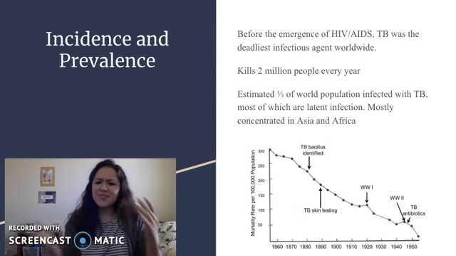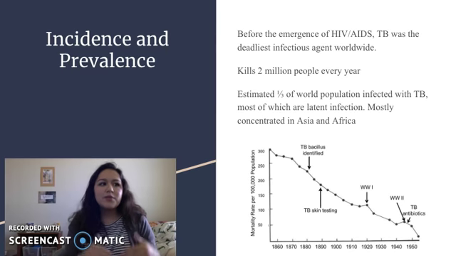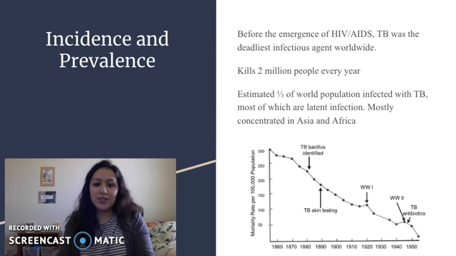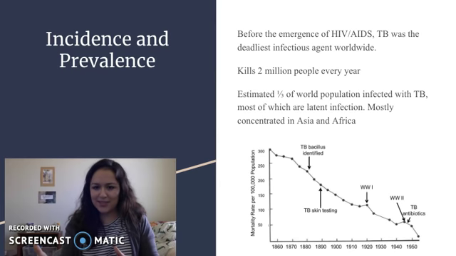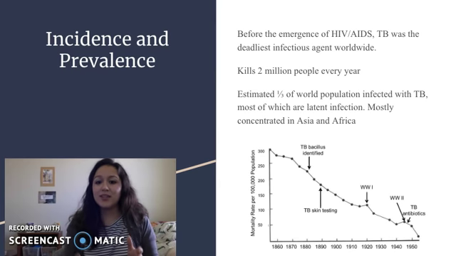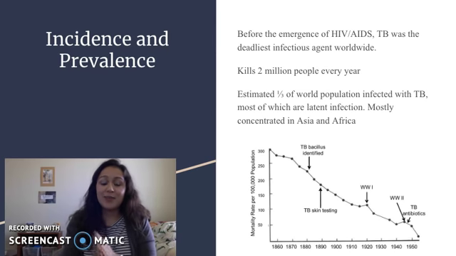So some of the incidence and prevalence is that before the emergence of HIV and AIDS, TB was the deadliest infectious agent worldwide. So that means that TB is now only the second deadliest infectious agent worldwide, which is still very serious. It kills 2 million people every year.